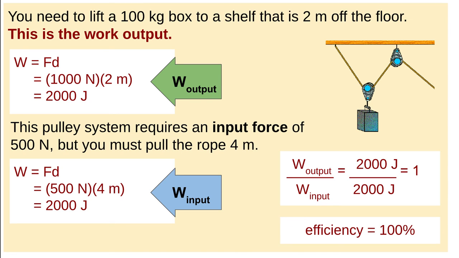We would say then that the efficiency is 100%. And again, that just doesn't really happen. There's all sorts of things like we've talked about before, like things heat up, there's sound, there's friction, there's all sorts of places where energy sneaks away, and we never really, in a real case, get 100% efficiency.